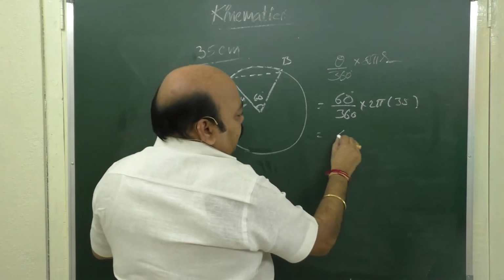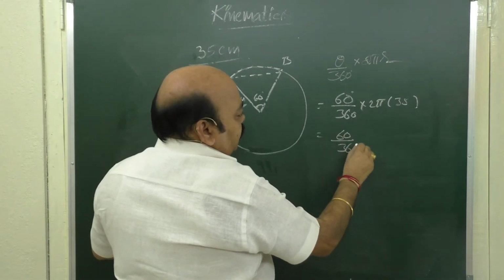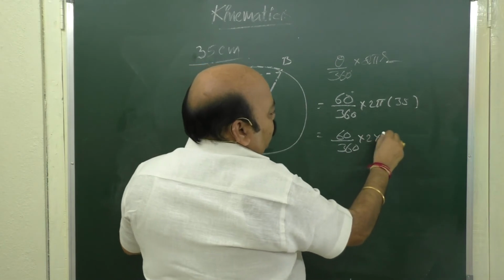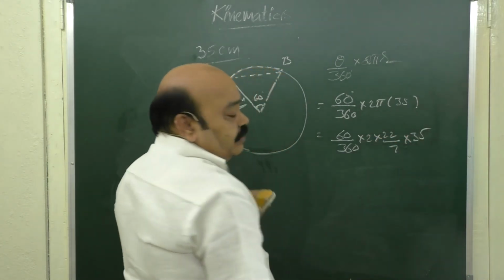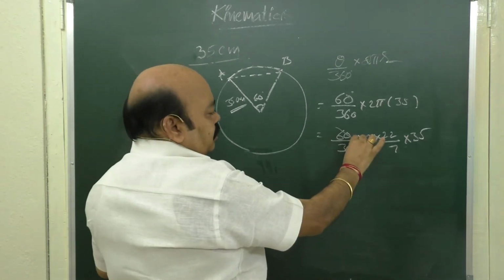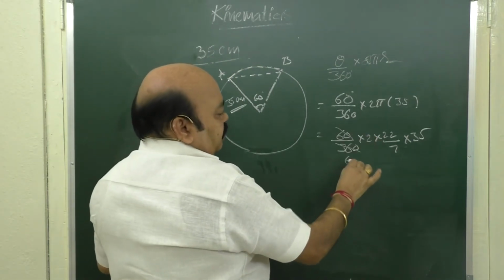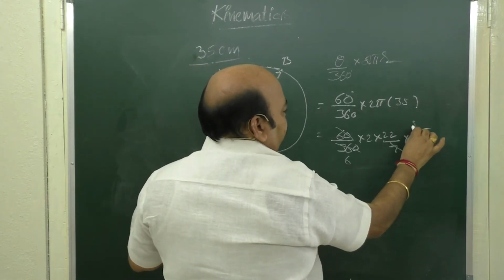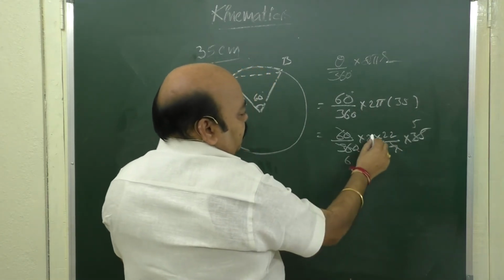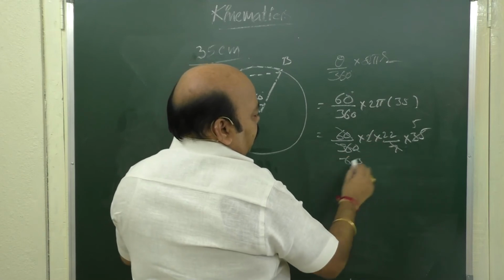So, it is nothing but 60 by 360 into 2 into 22 by 7 into 35. Simple calculation: 6 times it will go, 7 fives are 35, and 2 ones are 3.